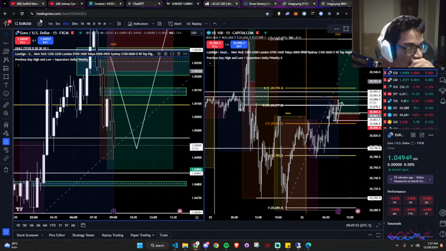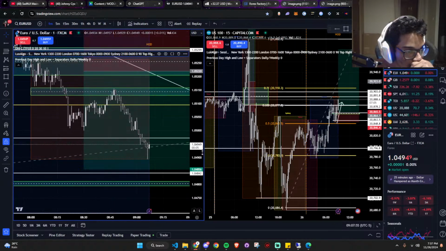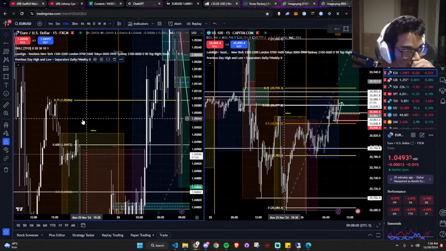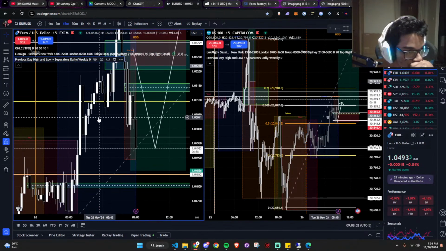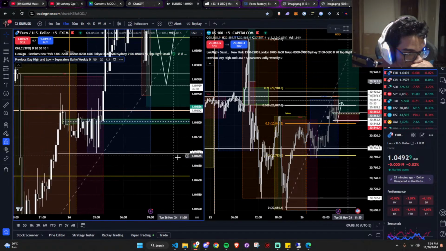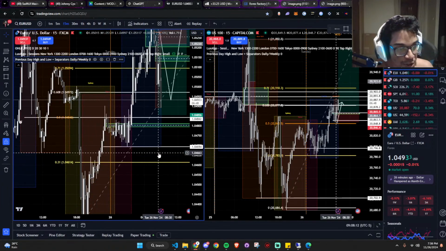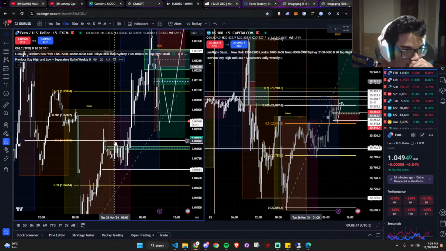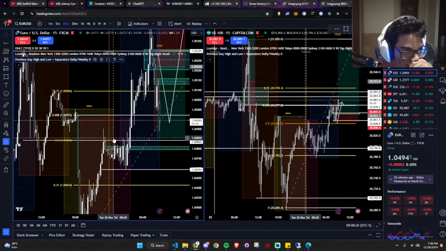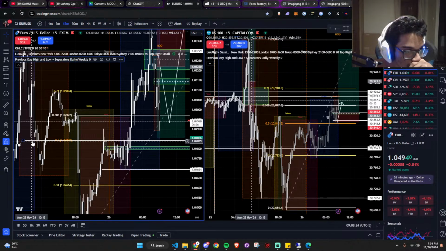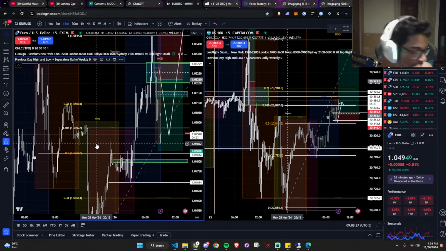It's wicking though, but it's okay. It's gonna probably push all this liquidity and then go. It has not pushed here. At this wick, I'm going to partial and then let the rest of it run.